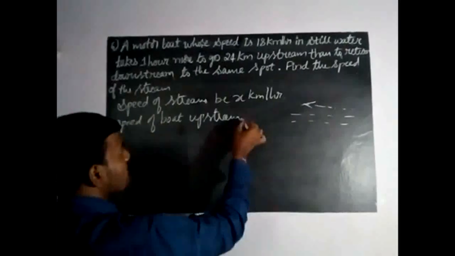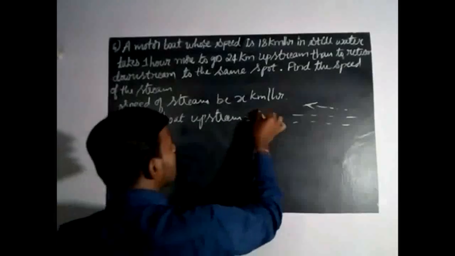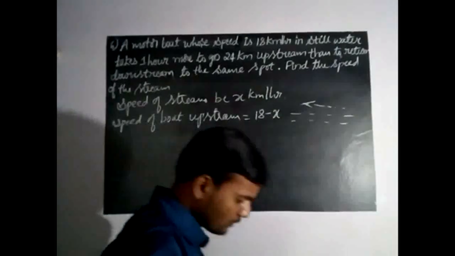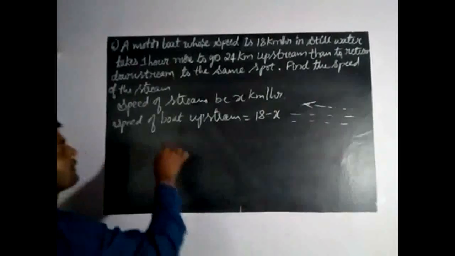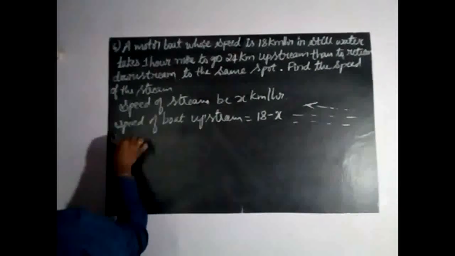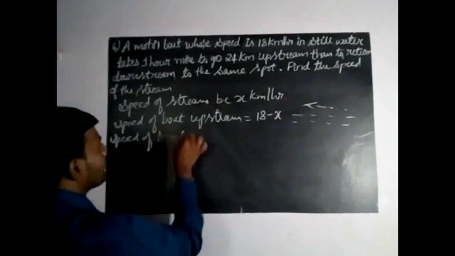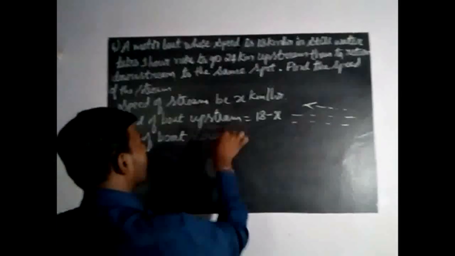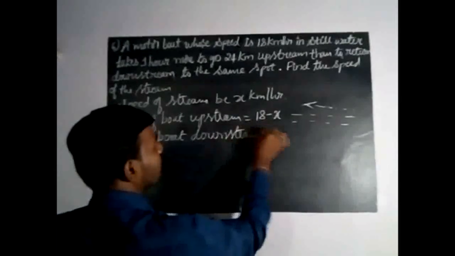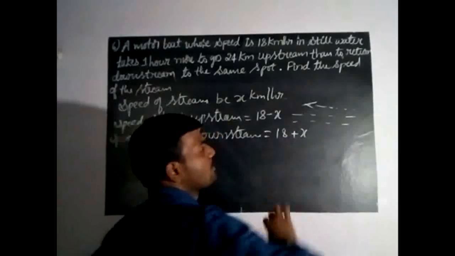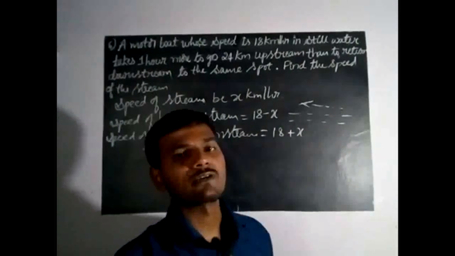So that's why the speed of the boat upstream will be 18 minus x. And the speed of the boat downstream would be 18 plus x, because it is moving along with the speed of the stream.